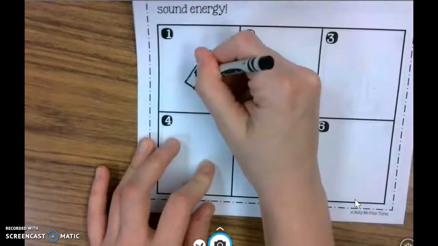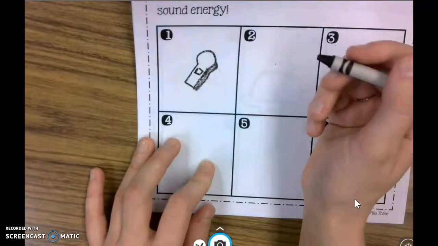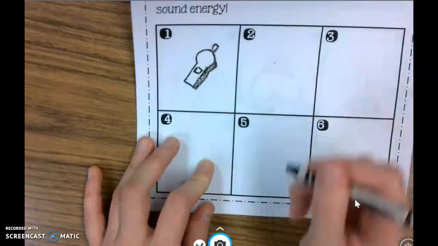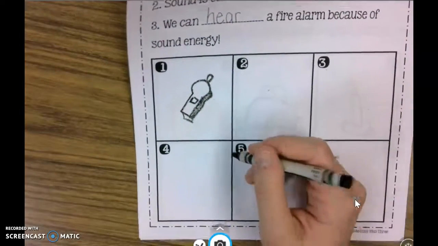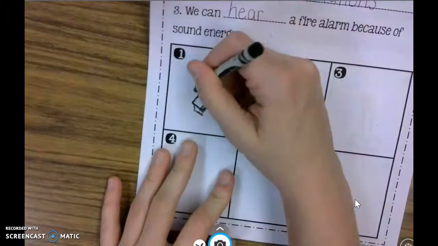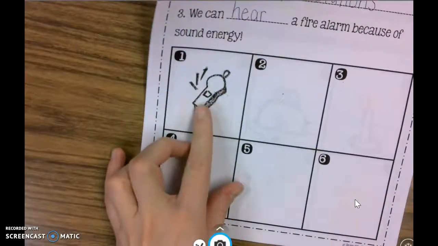Kind of hard to draw, but we'll try, right? So there's my whistle, and when you blow a whistle, it makes sound. That kind of shows sound being made.